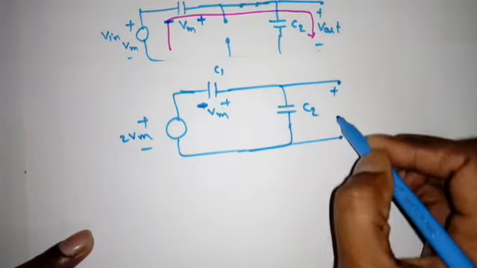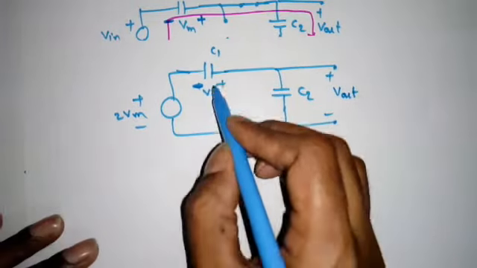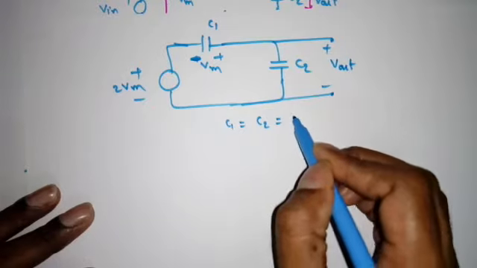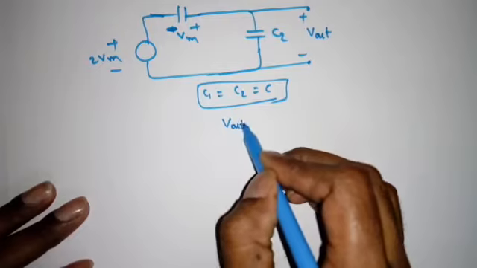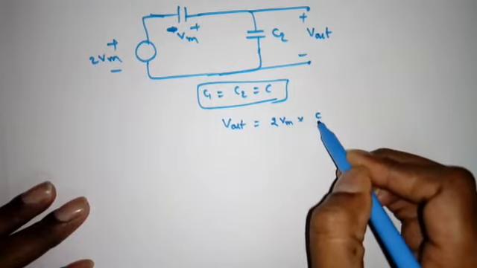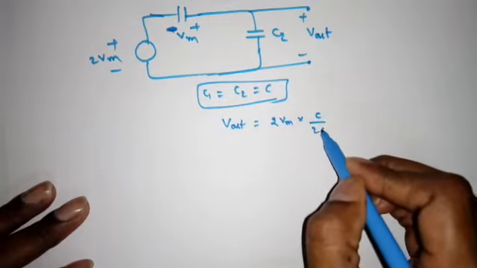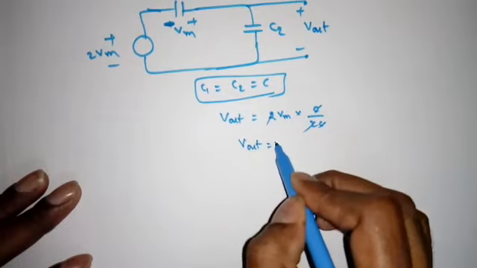So if I find this V out, we have to assume the condition C1 equal to C2, which is equal to C. So that means V out will be 2 times Vm into C by 2C.